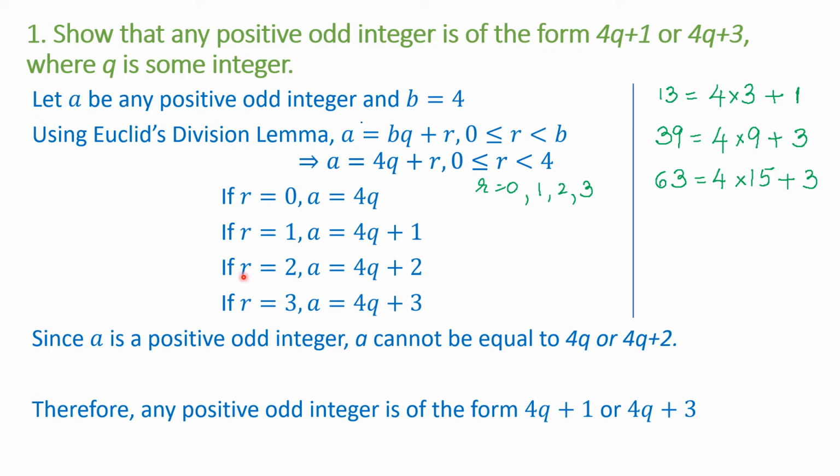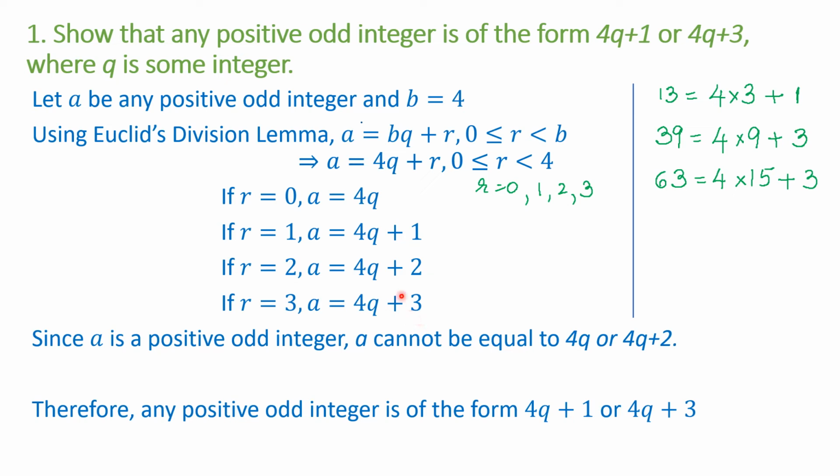So when I take r is equal to 0, my a is going to be only 4q. If I take r is equal to 1, my a is equal to 4q plus 1. R is equal to 2 will give me a is equal to 4q plus 2, and r is equal to 3 is going to give me a is equal to 4q plus 3.